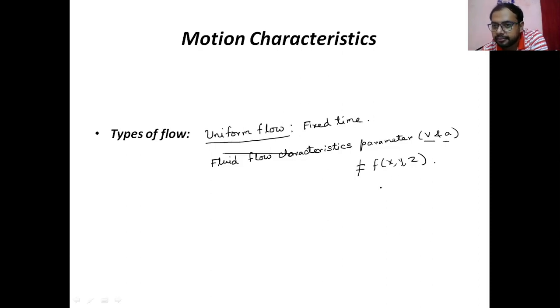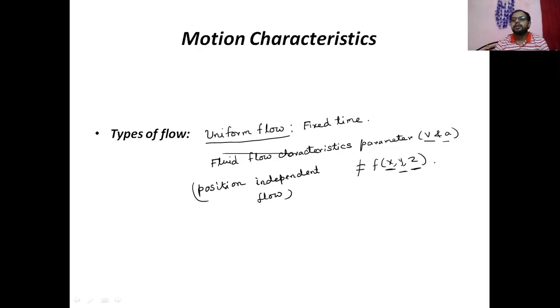It may be a function of time, but it does not depend on the spatial coordinates. So it's better to write it as position independent flow. If you change the position, the velocity will not change, acceleration will not change at a corresponding time. That means at an instant of time, everywhere there is the same velocity. This kind of flow is known as the uniform flow.